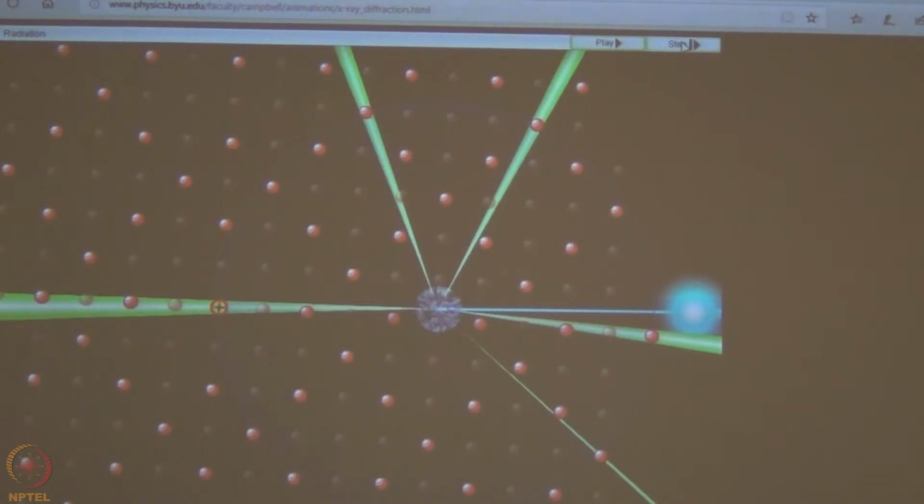Sometimes some reflections are very sharp and of very high intensity. It may so happen that in one frame it is very small, in the second frame it is enormously large, and in the third frame it has disappeared. So that also is possible. That is why we always try to record X-ray diffraction data with a very, very small width.